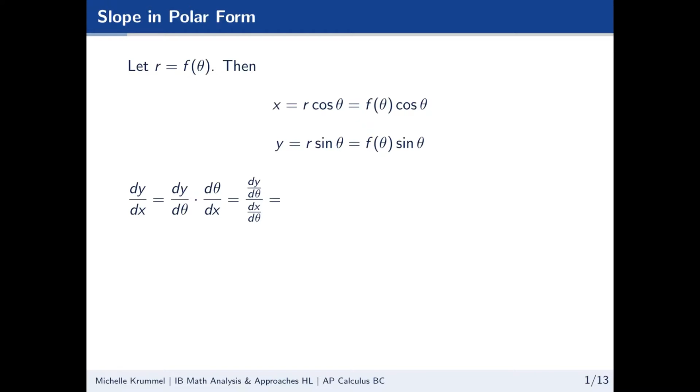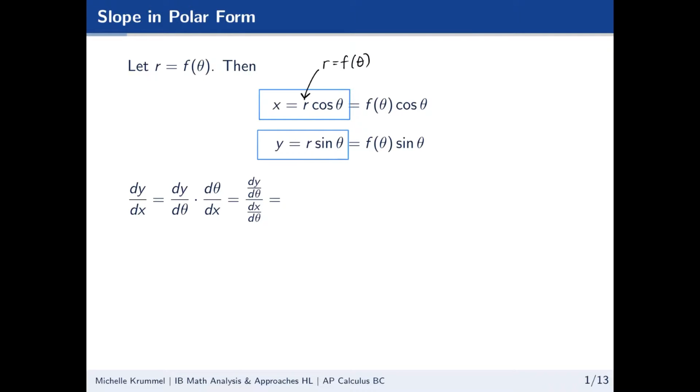But we're going to see that we can still find dy d theta and dx d theta even without converting our equation into rectangular form, knowing that we had these conversion formulas, x equals r cosine theta and y equals r sine theta. R right here is our polar equation in that form r equals f of theta.